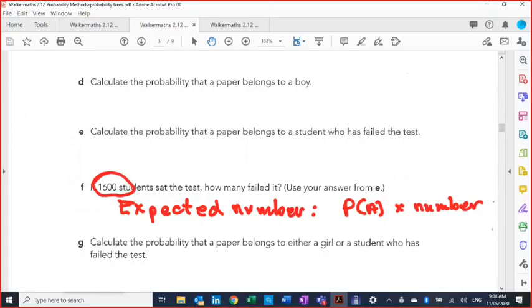And make sure that when you're answering this, you use your units. These are 1,600 students, not just a number. Okay? Then they just give you another calculated probability. And since we said or, we know we're just adding them together.